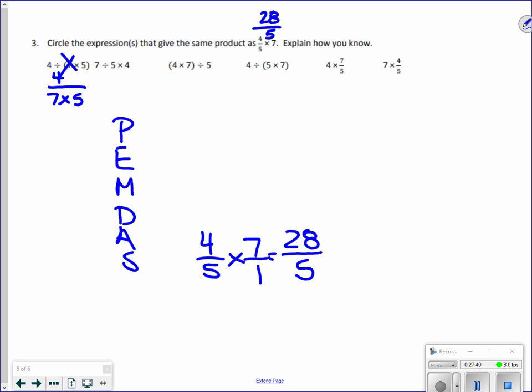I know. Even on the chart that I gave you, they've got multiplication first. However, whenever I write it, I put them side by side.